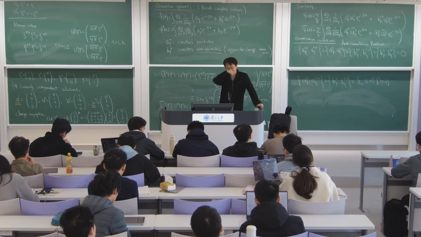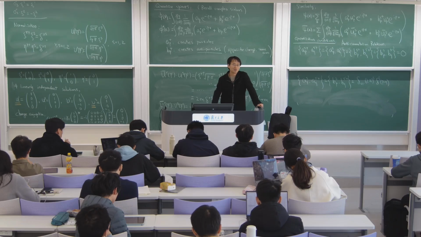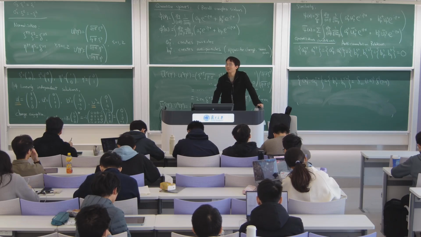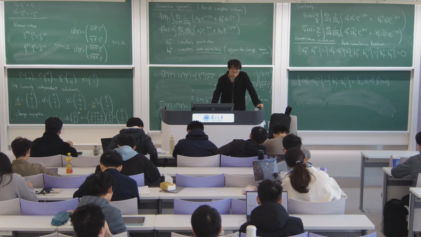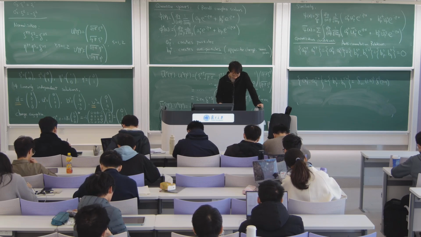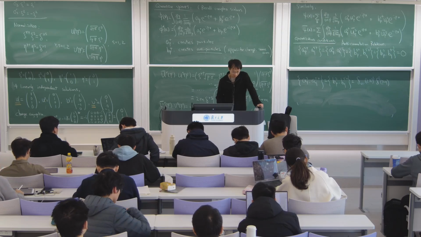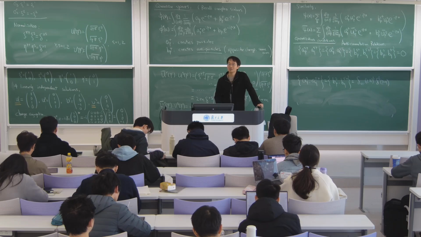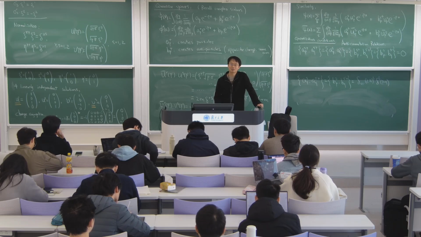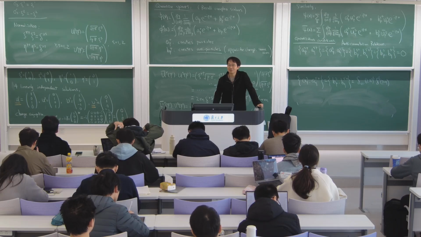For the fermion propagator, which is defined by the time ordering, the next thing we want to discuss is how to first define and then compute the time-ordered propagator, a time-ordered two-point function for this fermionic field.